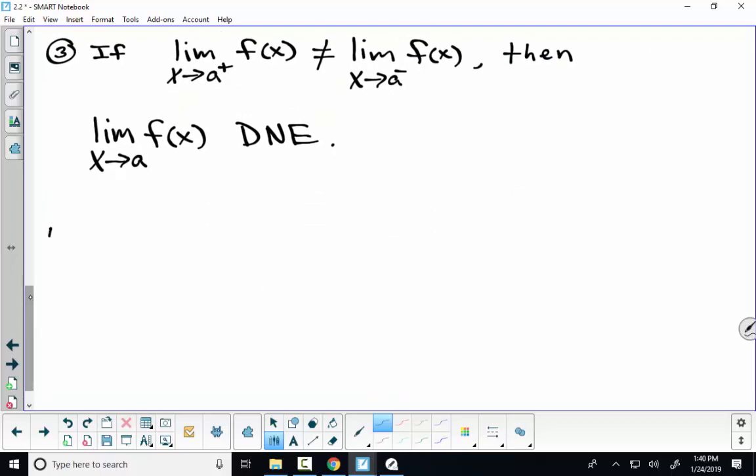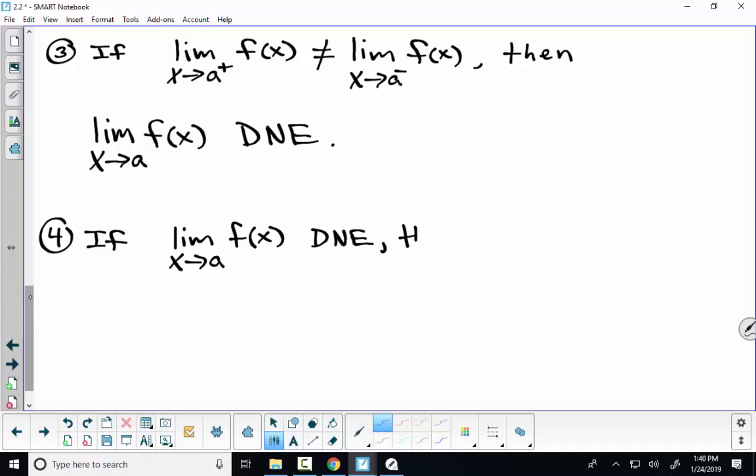And finally, what we can say as well is if the two-sided limit doesn't exist, then what do we know about the one-sided limits?